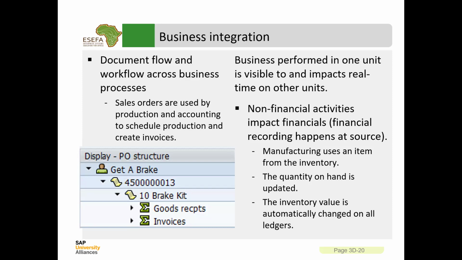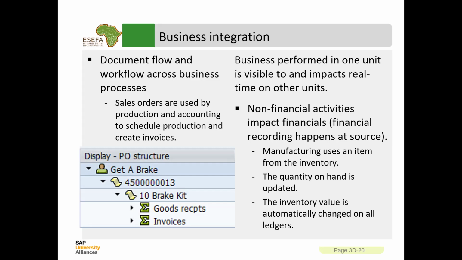We check the inventory in the store. Production will check, do we have this particular raw materials to produce the goods? Account is updated to create invoice. So while production is running around to make sure that the goods are supplied, the finance is making payment and all that.